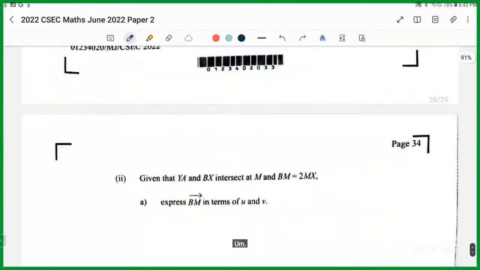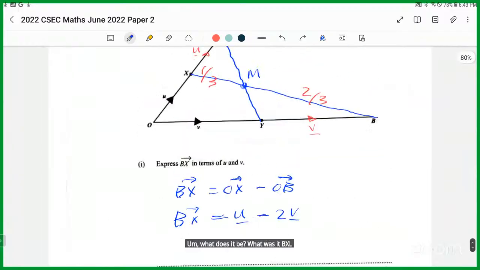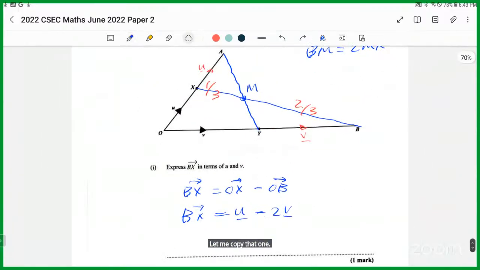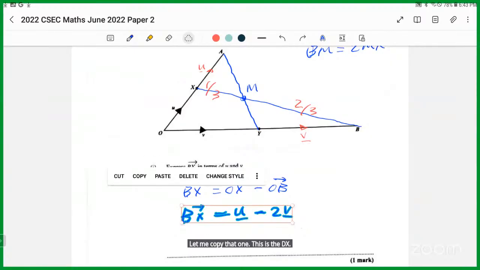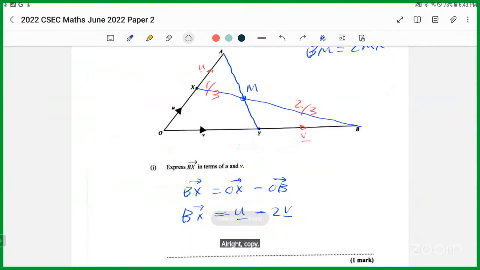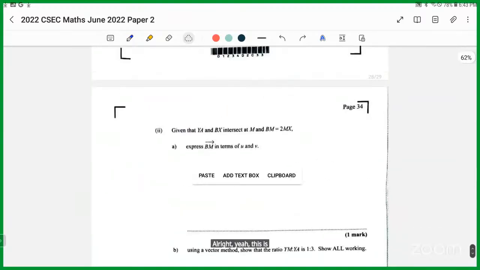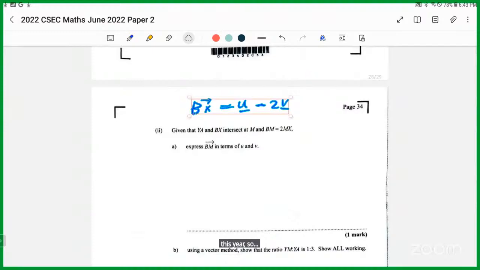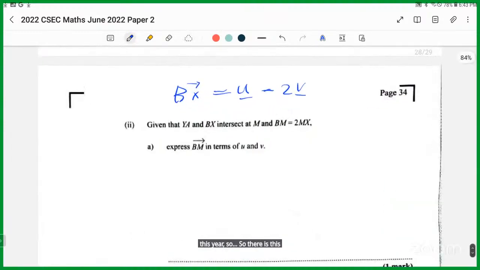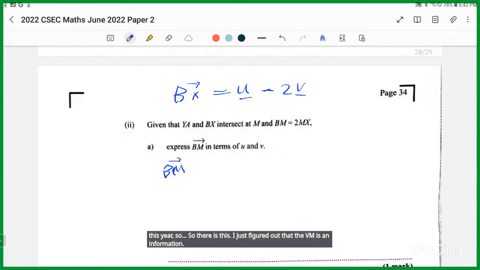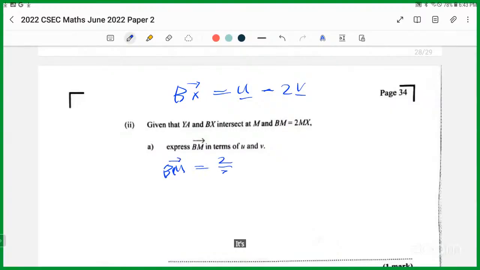What was the BX again? Let me copy that down. BX is this. Based on the information, BM is simply 2/3 of BX, which becomes 2/3 of this.